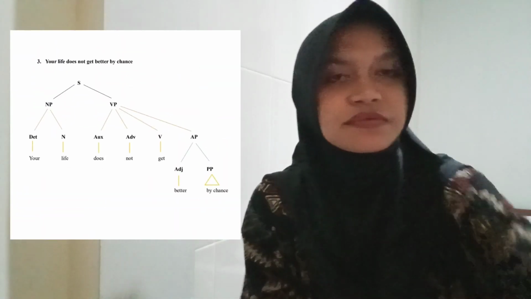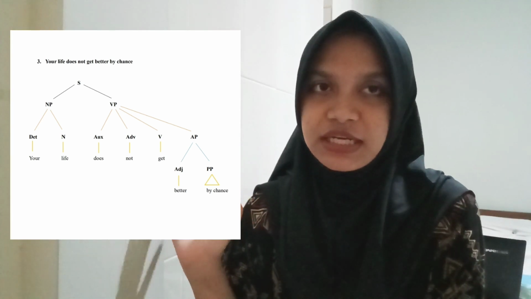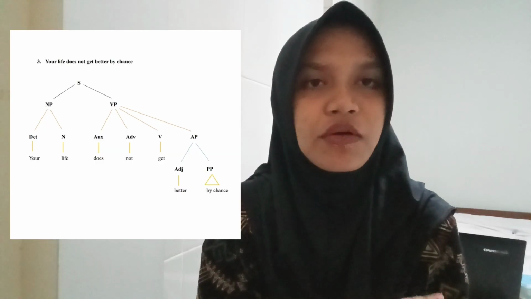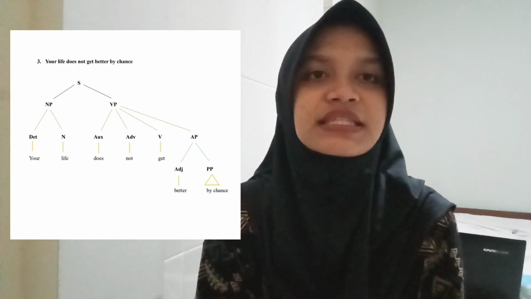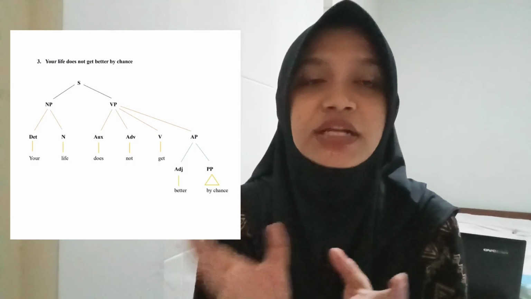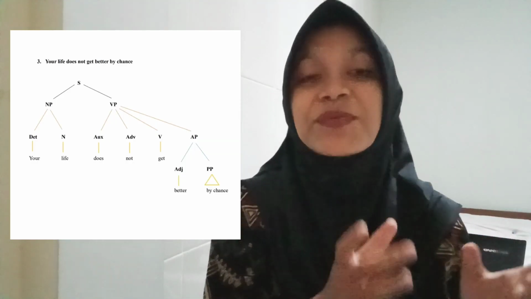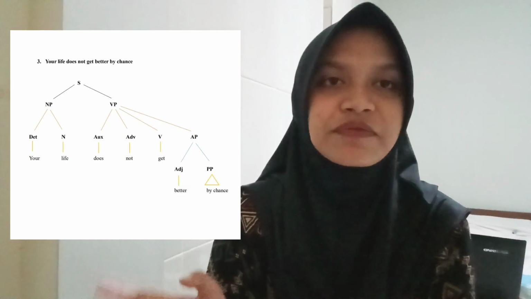I will give you the example here. This tree shows us that your life is one unit, a noun phrase, and does not get better by chance is another unit, which is a verb phrase.